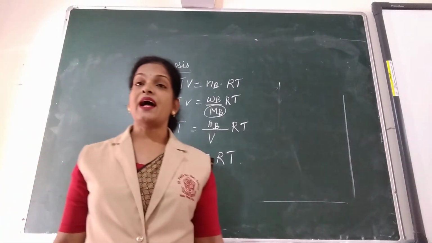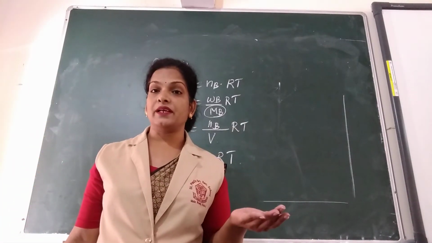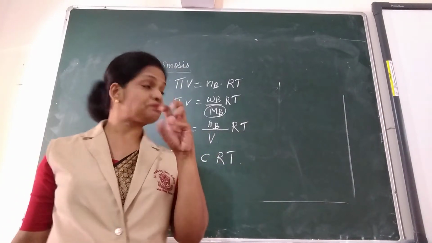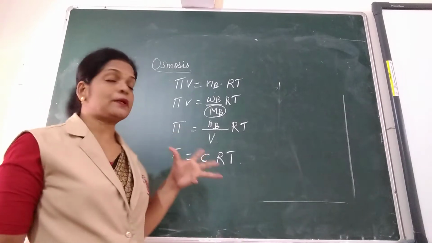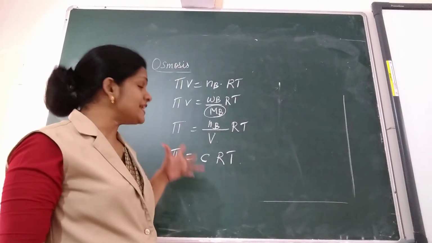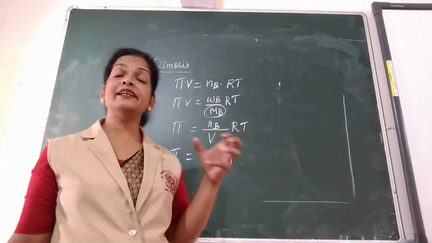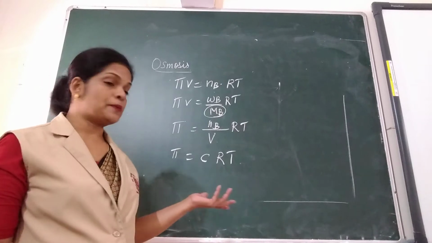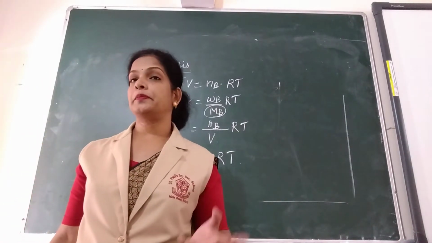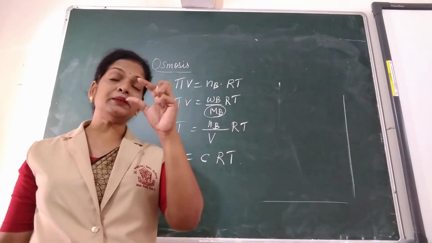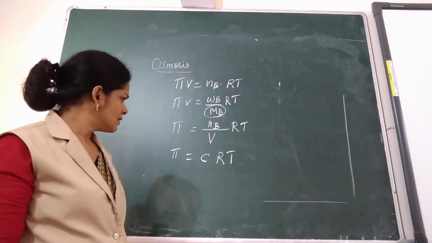Number 3, as compared to the other colligative properties, this osmotic pressure measurement is very easy and its magnitude is larger compared to the other colligative properties like elevation of boiling point or depression of freezing point, etc. The magnitude is larger.